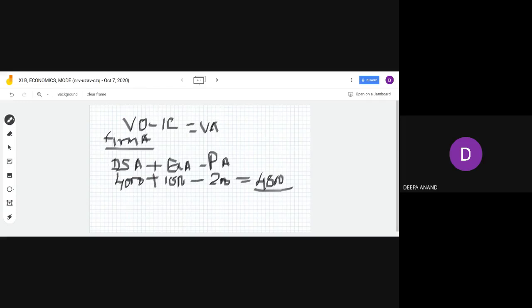Okay. So firm B, what are the information given to you? Sales by firm B, that is output, minus purchase by firm B. So that is the intermediate consumption made by it. So sales by firm B minus purchase by firm B. That is how much the amount you will get, Karthik. What is the answer?